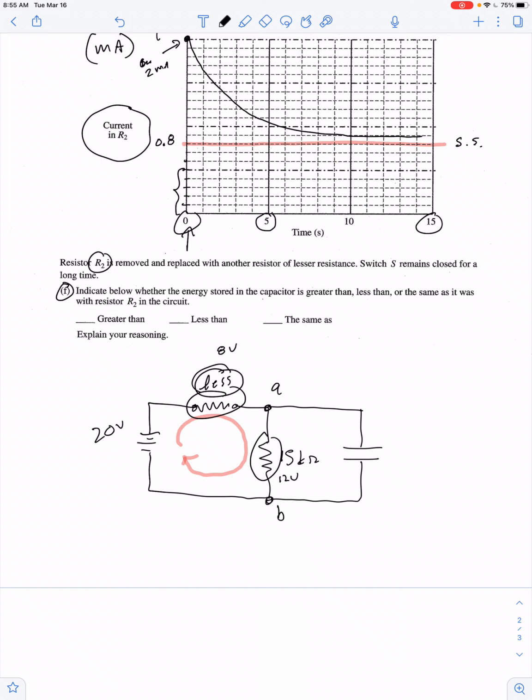But by making this less resistance, then this would be something less than 8 volts, and this would be something greater than 12 volts. And so the energy in the capacitor we said is 1/2 CV squared, but since this value of V is increasing, then that means the energy in the capacitor would be greater.